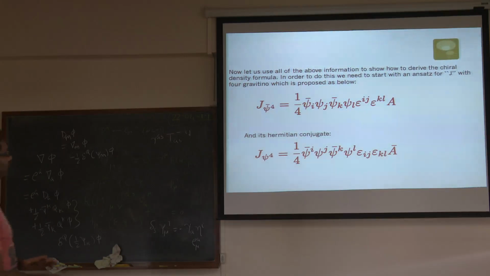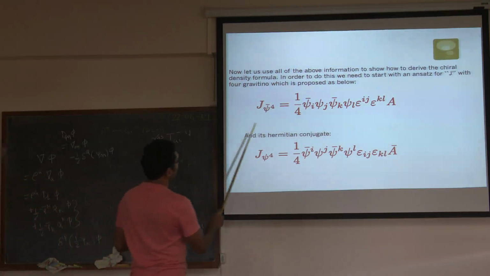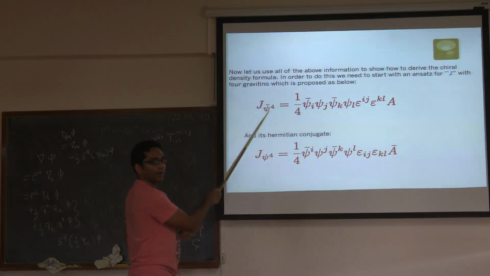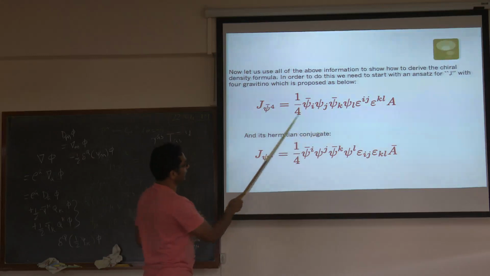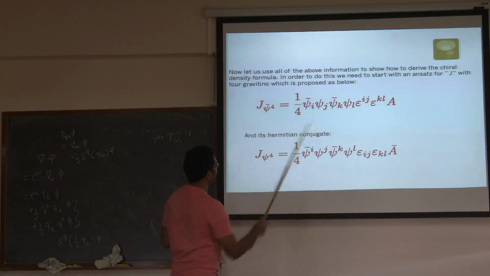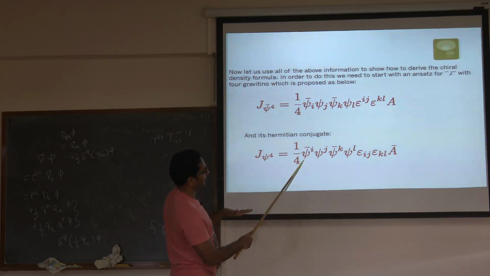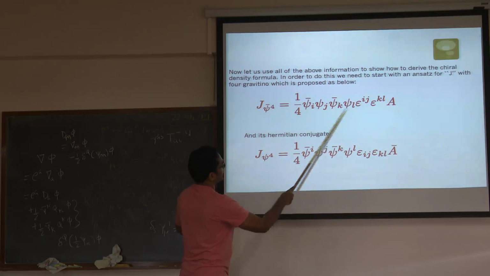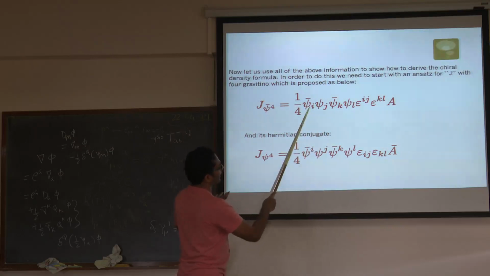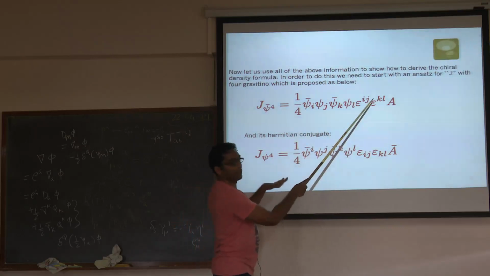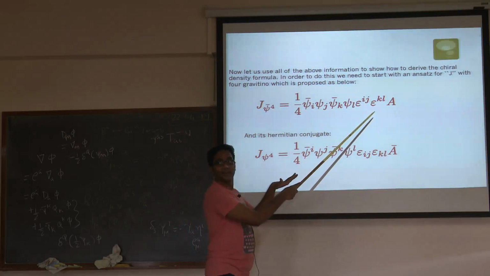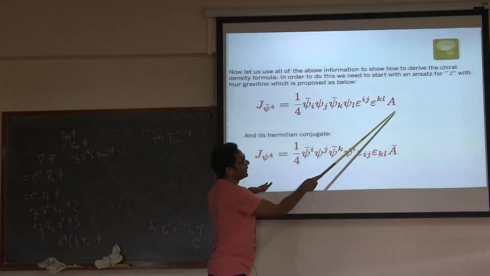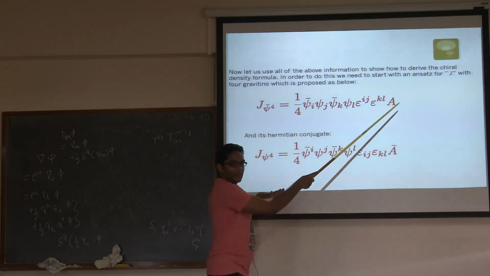For the chiral density formula, you propose your highest gravitino block of this 4 in this way. This contains 4 right handed gravitinos and the Hermitian conjugate of that contains all 4 left handed gravitinos. All the 4 right handed gravitinos have some SU(2) index and you contract them with the invariant tensors epsilon_ij and epsilon_kl, and this block therefore is an SU(2) scalar.